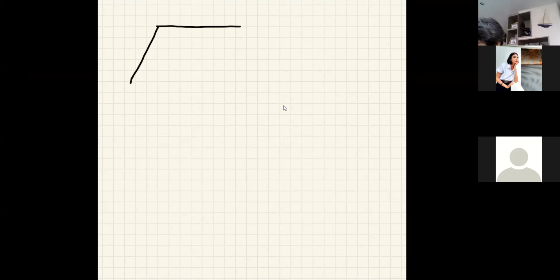But let's say you have a situation with a frame that looks like this. Make it shorter so I can draw it more easily. Let's give you the real dimensions of the frame, just in case we have the opportunity to work on this one. 3 meters, but on this side is 4 meters.